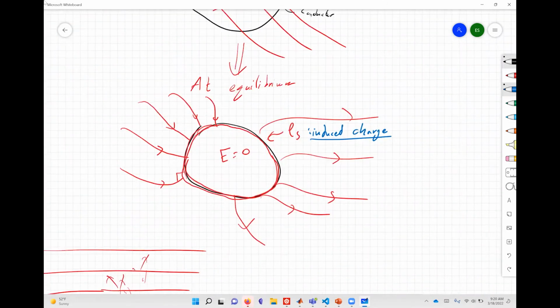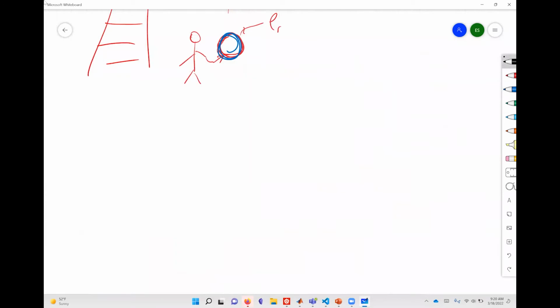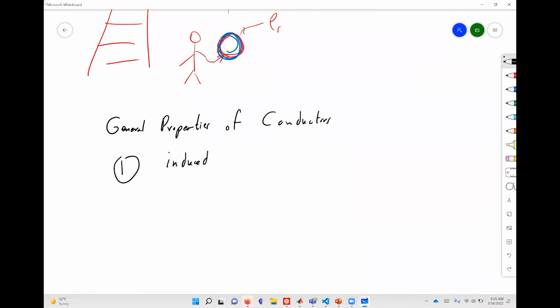We are ready now to describe the general properties of conductors. 1, induced charge in a conductor always is on the surface, or always moves towards the surface.